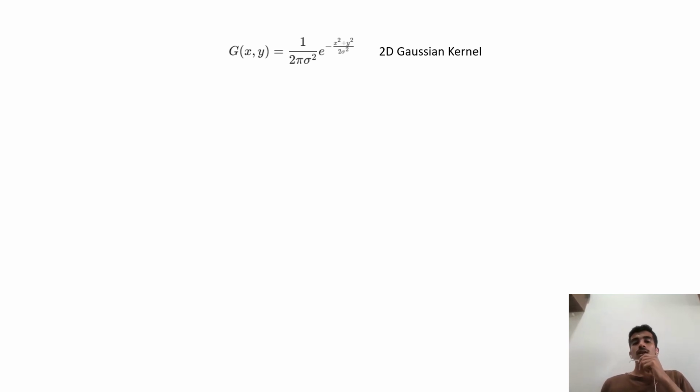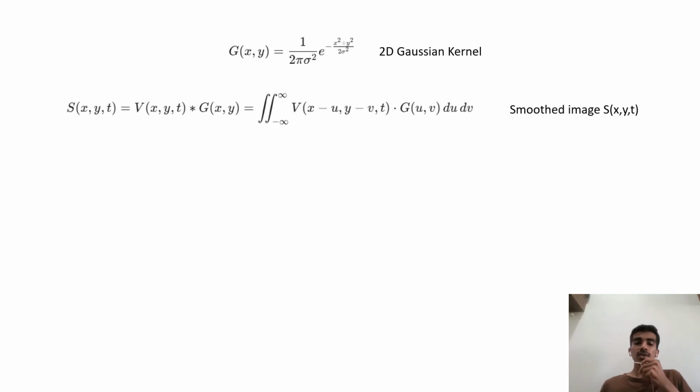Considering we make a Gaussian pyramid function, which is a 2D Gaussian, given here as the 2D Gaussian kernel, we convolve this function with each pixel, that is v of x comma y comma t, to get a smoothed image s of x comma y comma t. After getting this, we form the Gaussian pyramid level by level.